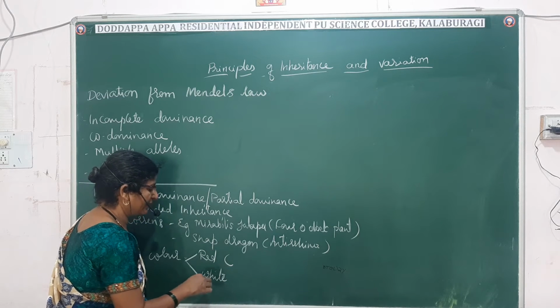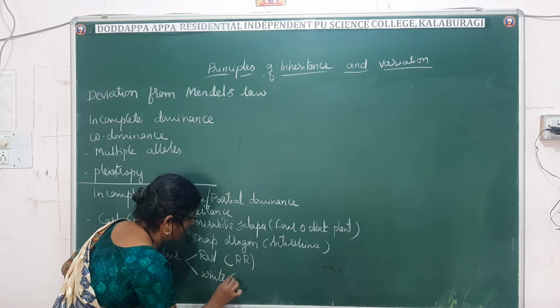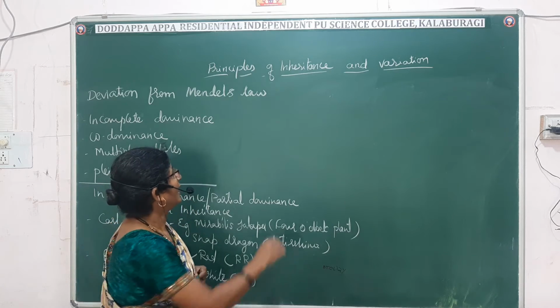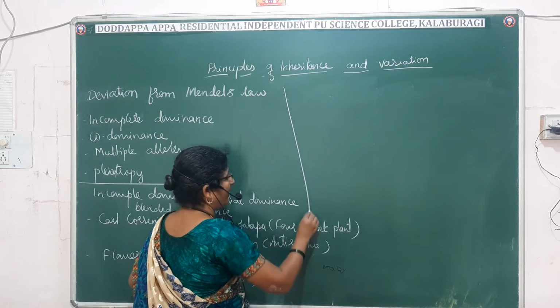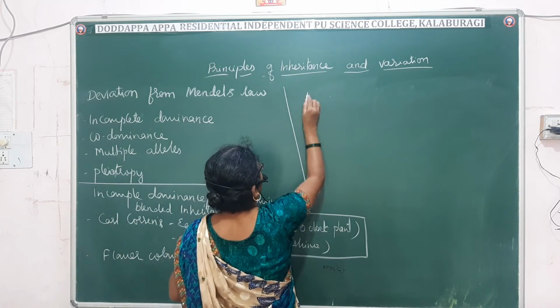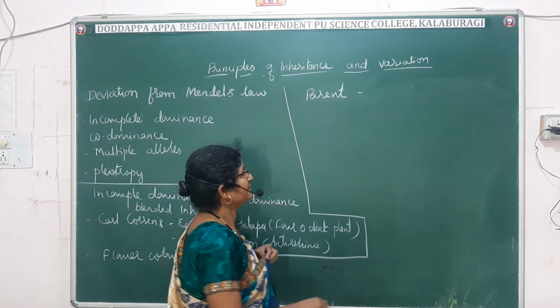And he indicated the factors with the capital letter for the dominant one, capital R, small r. And he followed Mendel's experimental procedure only. What kind of parent did he select? Homozygous parents he selected.